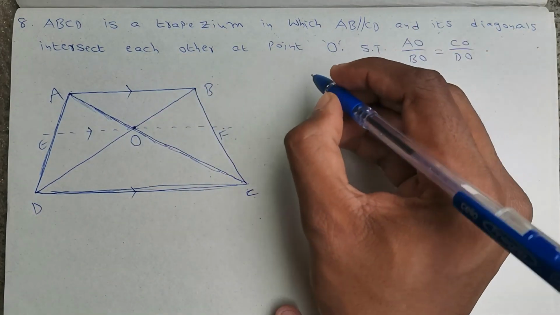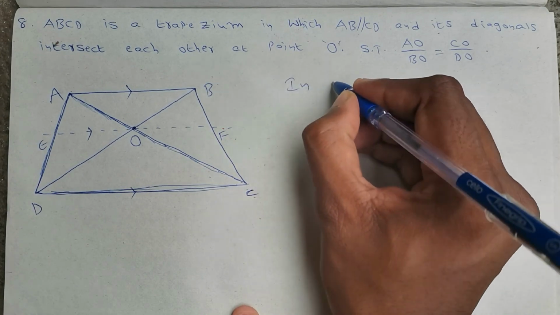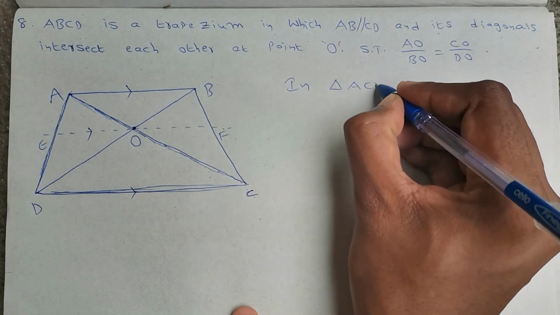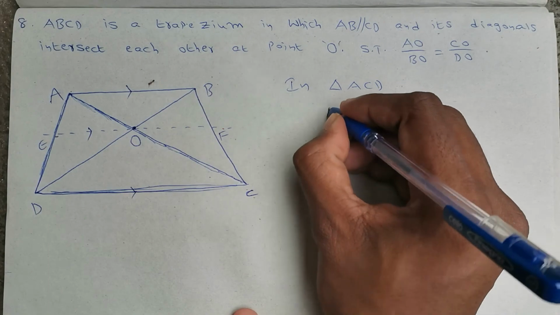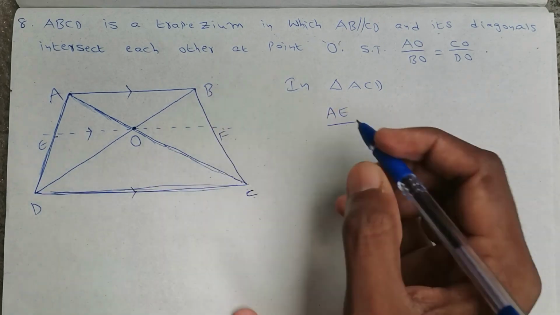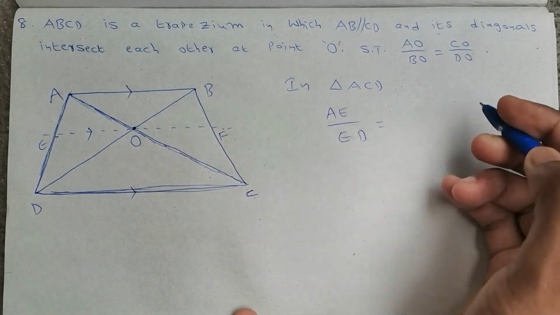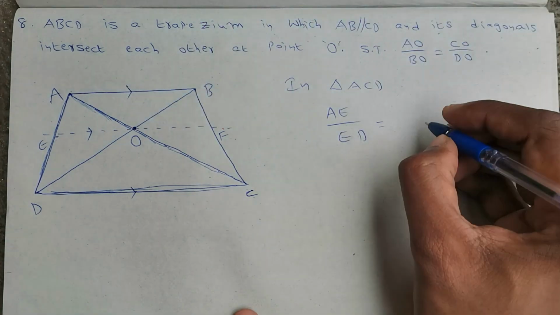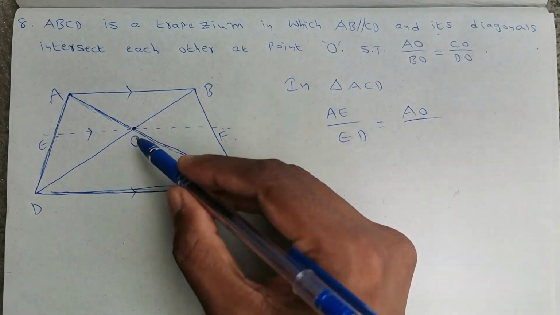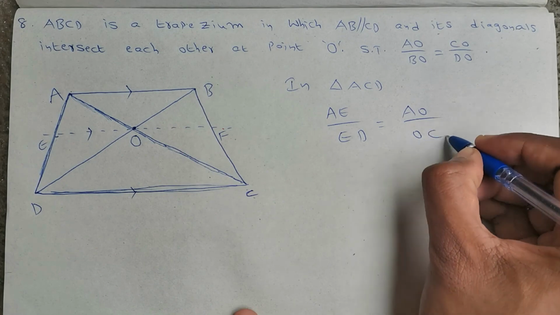In triangle ACD, upper one AE divided by lower one ED is equal to upper one AO divided by lower one OC.